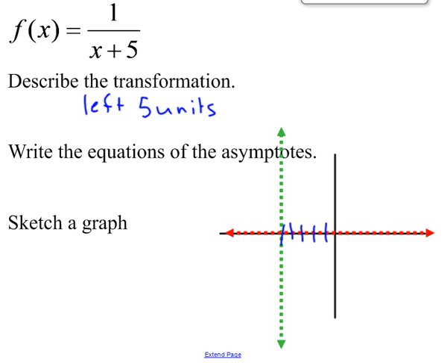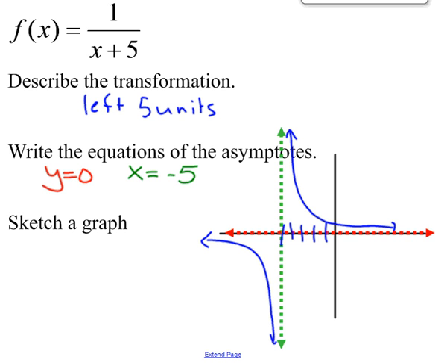And then again, I draw in my double boomerang graph looking thing here, approaching my asymptotes. And write my equations of my asymptotes. So again, the red one is my horizontal, which is y equals 0. And now the x has been moved over, so it's x equals negative 5.